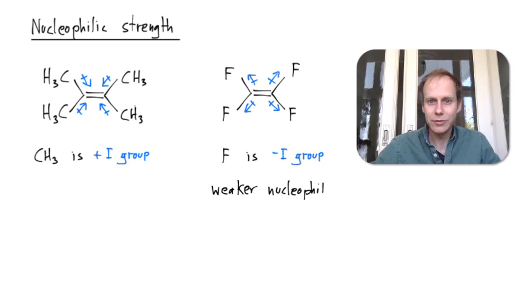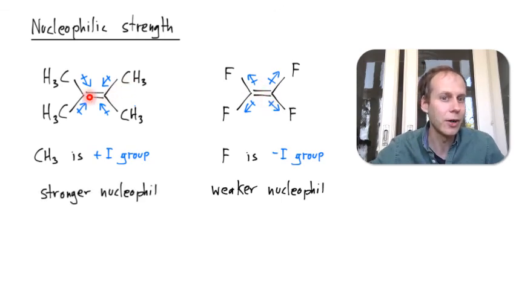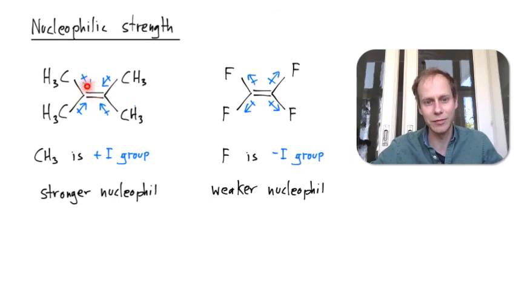So what that means, because now the double bond region is not so rich in electron density anymore because of the electron withdrawing fluorine groups, this here is a weaker nucleophile because it is not as willing to donate electrons anymore as it would be in the case of the only methyl substituted alkene. Here you have this high electron density that makes it very nucleophilic, making it very willing to donate electron density.